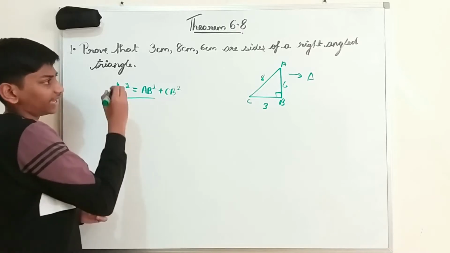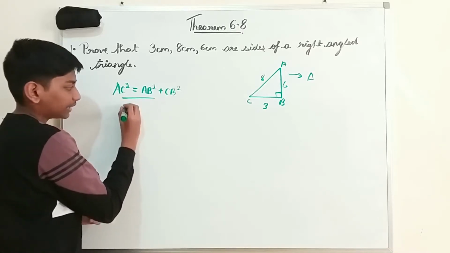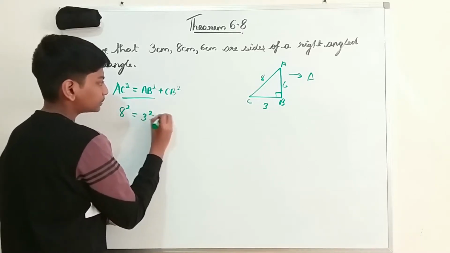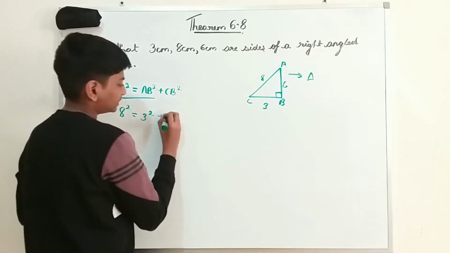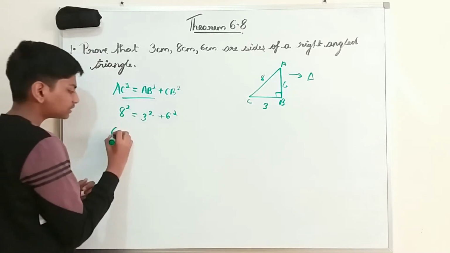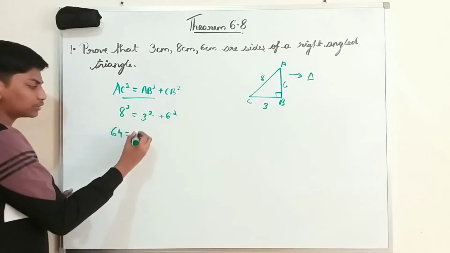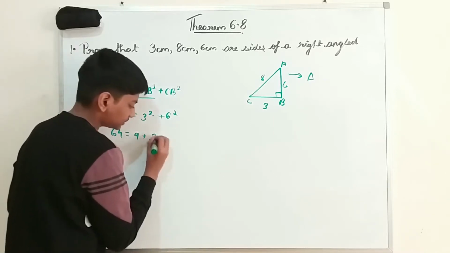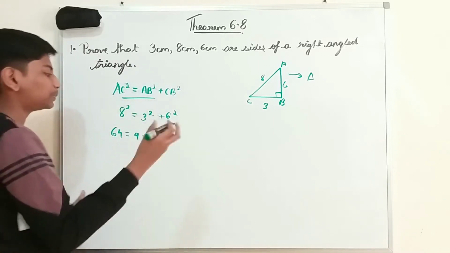So now what is AC over here? It's 8. So 8 square should be equal to 3 square plus 6 square. Right? So 8 square is nothing but 64. 3 square is nothing but 9. And 6 square is nothing but 36. So what is 36 plus 9?